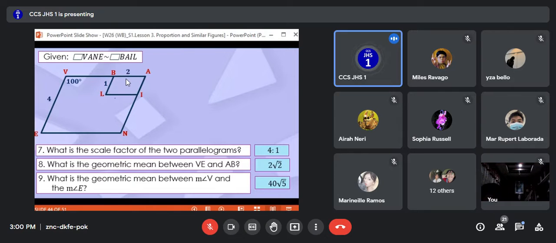You have to take note of the given dimensions of the corresponding sides. Usually the corresponding sides are the known values. Start your scale factor there. All the other dimensions may be unknowns, but usually the corresponding sides are the given ones. From there, you can determine the scale factor.